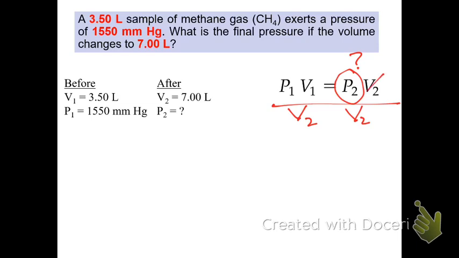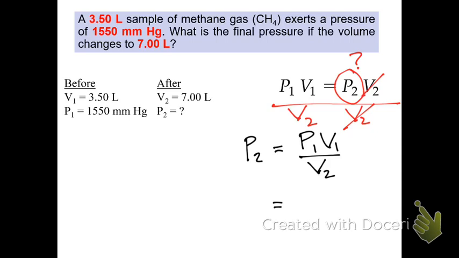So here you can see that V2 will cancel out, and you're left with the final pressure. So then P2 is equivalent to P1 times V1 divided by V2. All right. And all you have to do now is plug in the numbers.